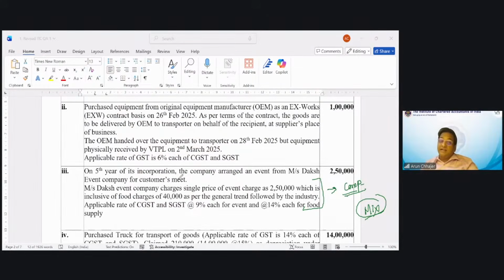So, can I say that it is a mixed supply, and in the mixed supply the GST is chargeable at which rate? Highest. So can I say this 250 would be levied GST of 14 CGST, 14 SGST?